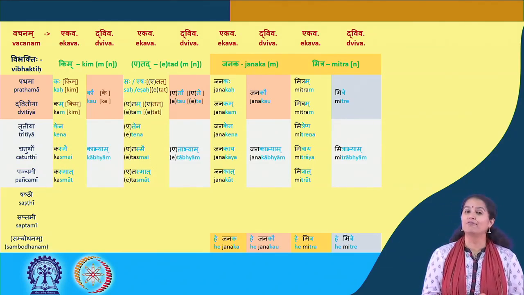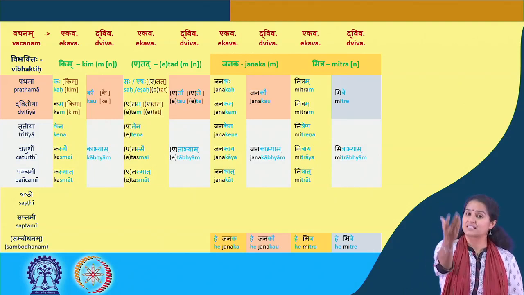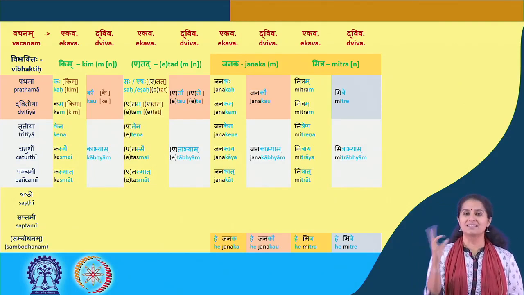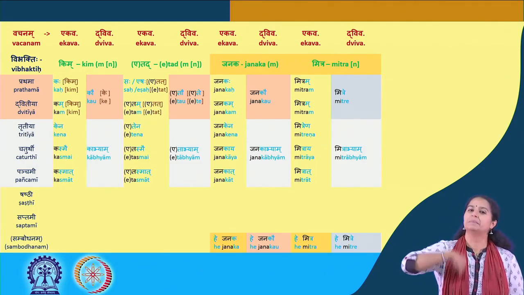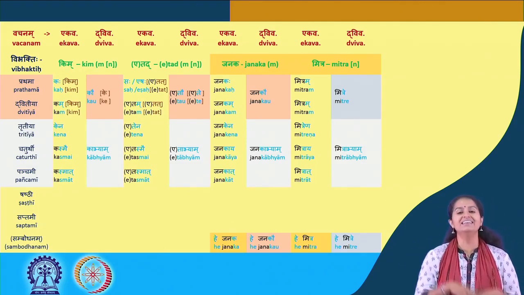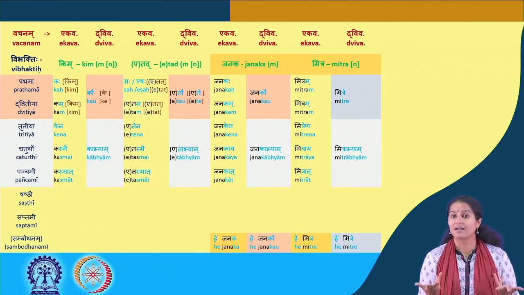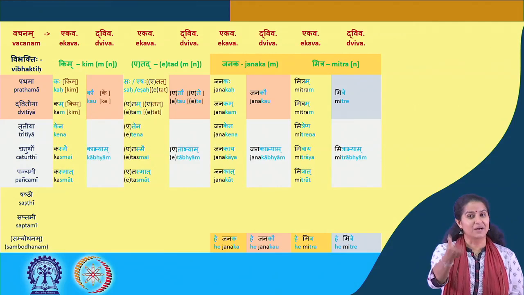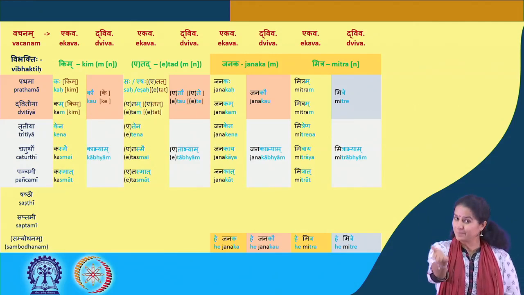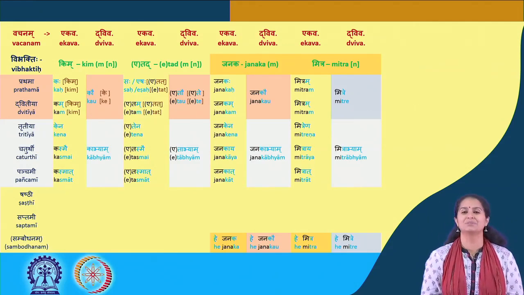Uttamam. And the fourth case, kasmai dadati, answer in the singular, to that friend, tasmai mitraya dadati. In the dual case, kabhyam dadati, answer tabhyam mitrabhyam dadati. So to the two friends, uttamam.